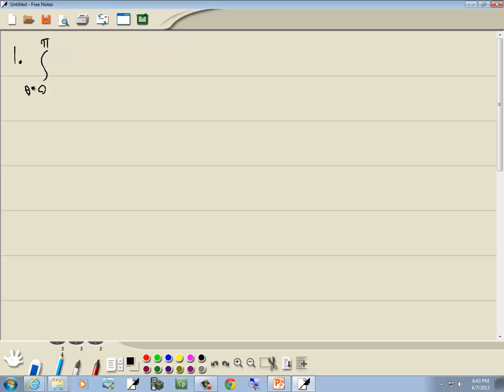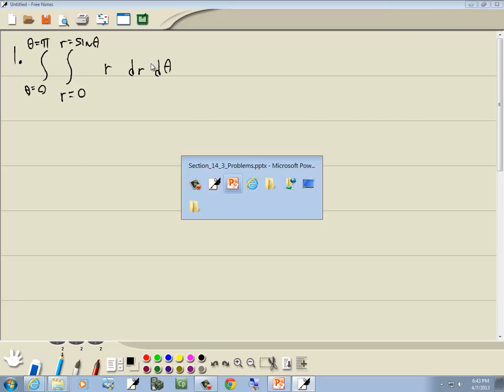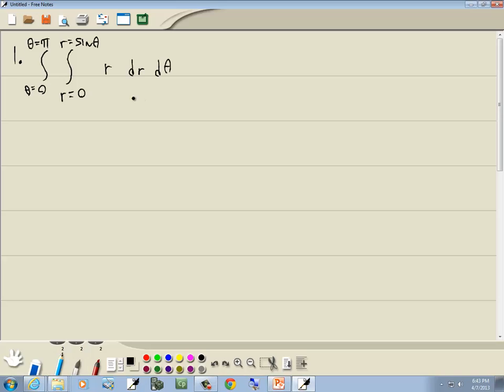So theta is equal to 0 to theta is equal to pi, and r is equal to 0 to r is equal to sine theta of r dr d theta. And it says evaluate the double integral. So nothing special here, just different variables, but what we've seen in the past. So we'll work with the inner integral first.